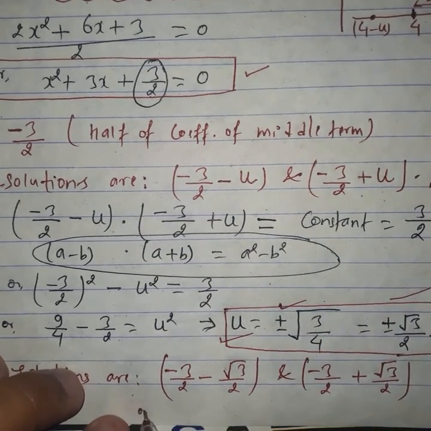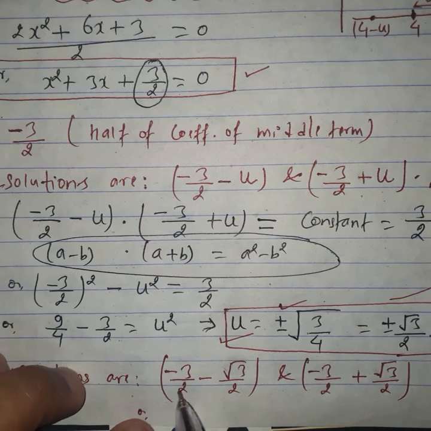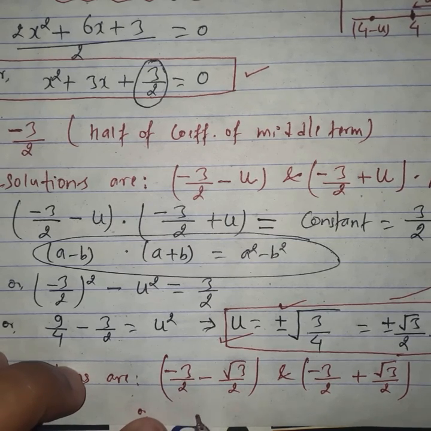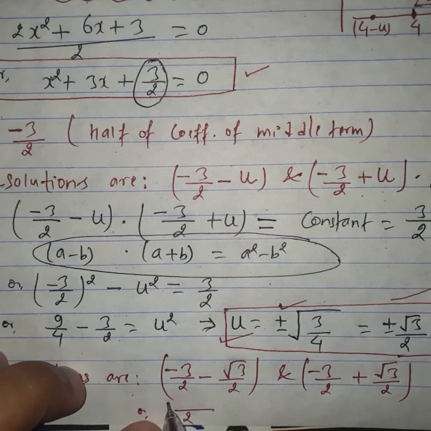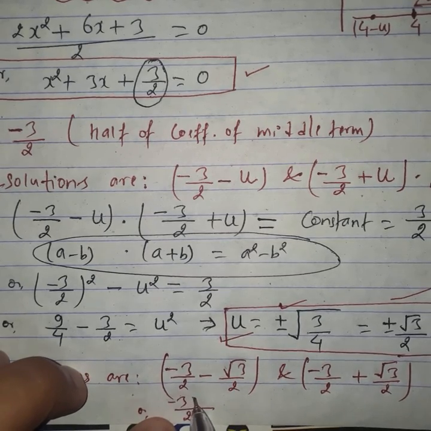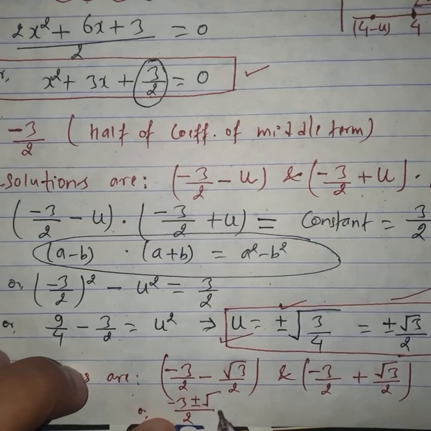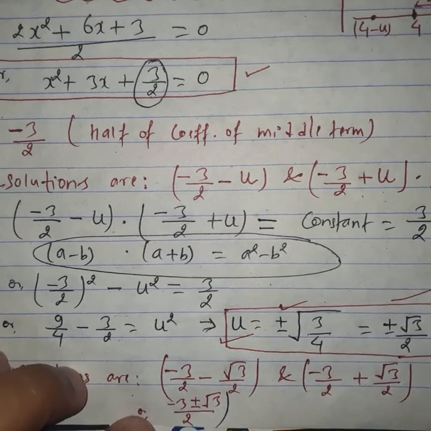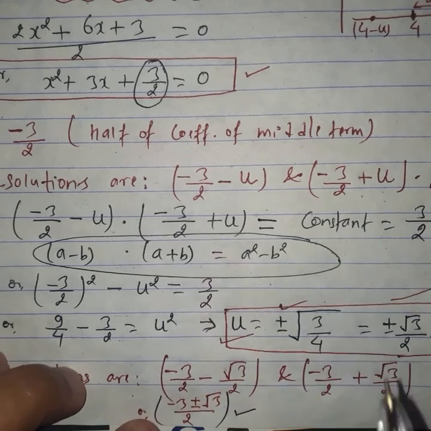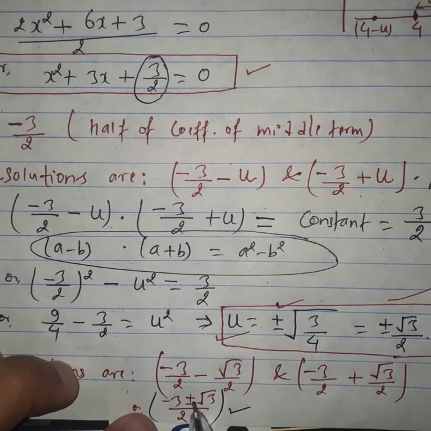Let's simplify this. With the common denominator 2, we get negative 3 plus or minus square root 3. These are the solutions of this quadratic equation: negative 3 plus or minus square root of 3, over 2.